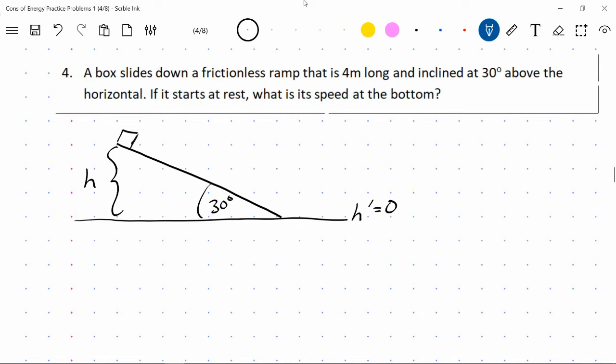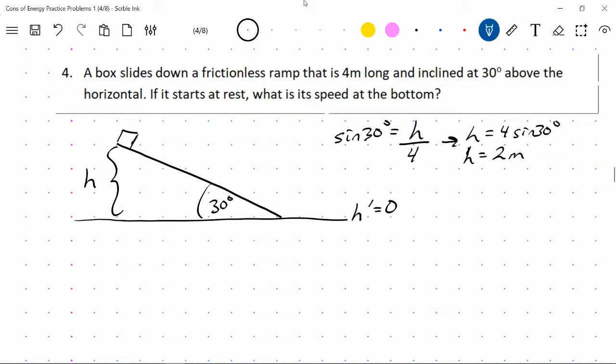A quick trig calculation would reveal that the sine of 30 degrees is equal to the opposite, which I'm designating the height h as shown in the diagram, over the hypotenuse of the triangle, which is the length of the ramp, 4 meters. So the height that it starts with is 4 sine 30 degrees. I don't need a calculator for this one because sine of 30 is exactly half, so 2 meters. It starts at a height of 2 meters.